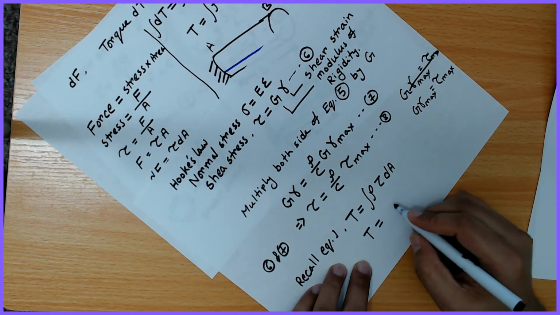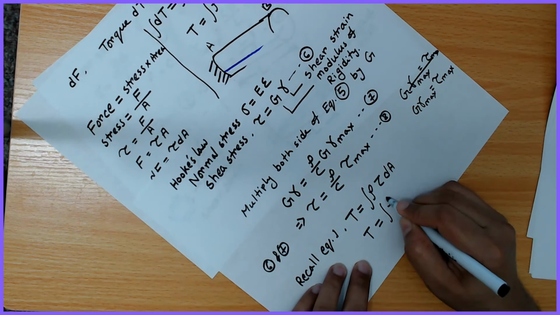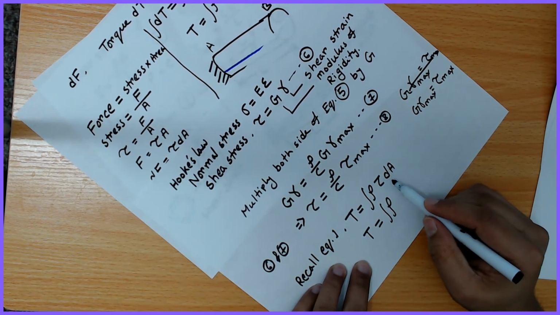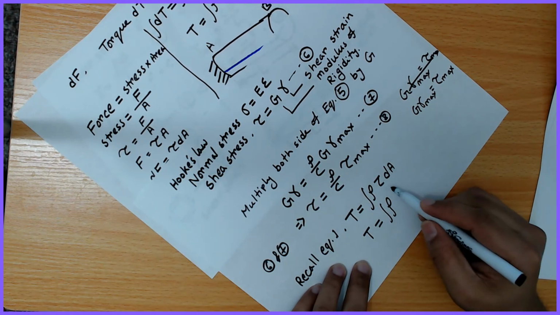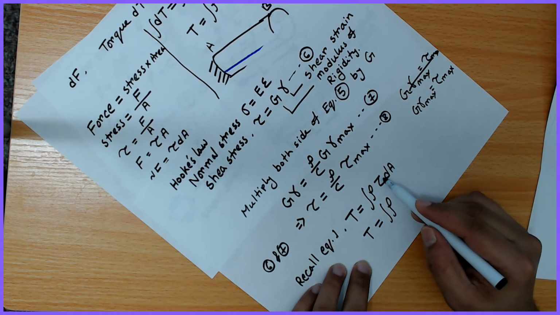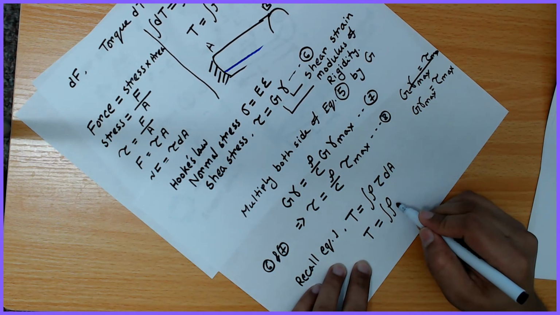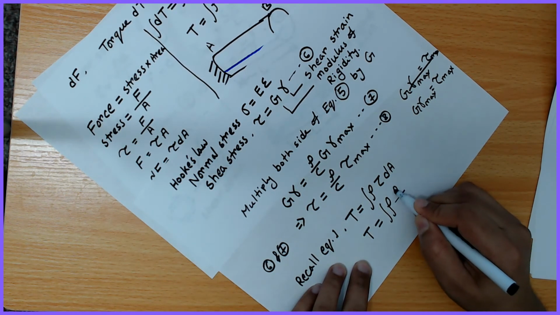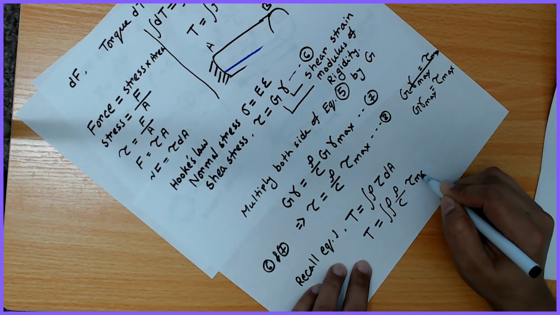And from equation 8, we know that tau is equal to rho by C multiplied by tau max.